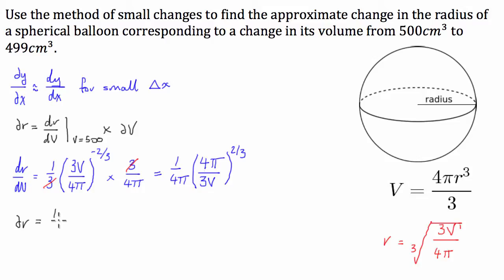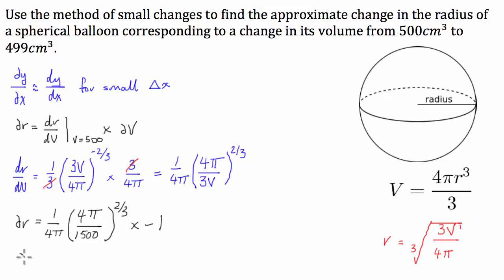So we've got 1 over 4 pi times 4 pi divided by 3 times 500, which is 1500, close bracket to the power of 2/3, multiplied by the change in volume. The change in volume is going from 500 to 499, so the change in volume is -1.